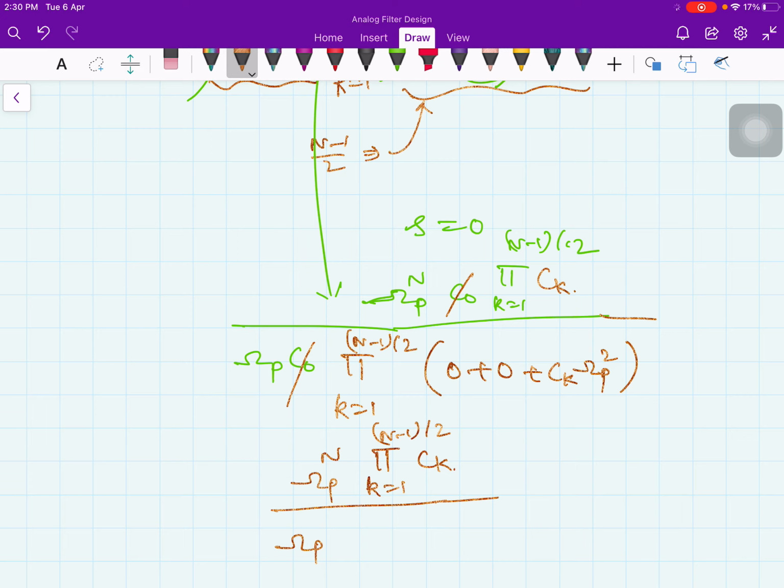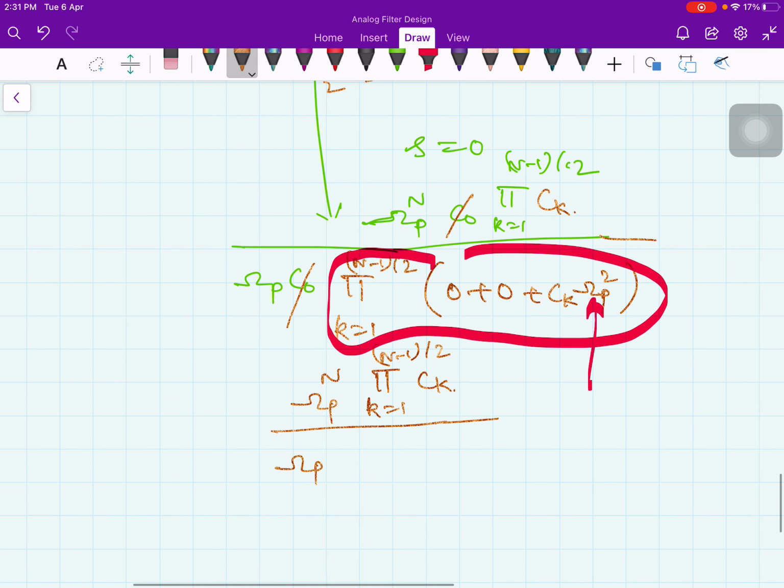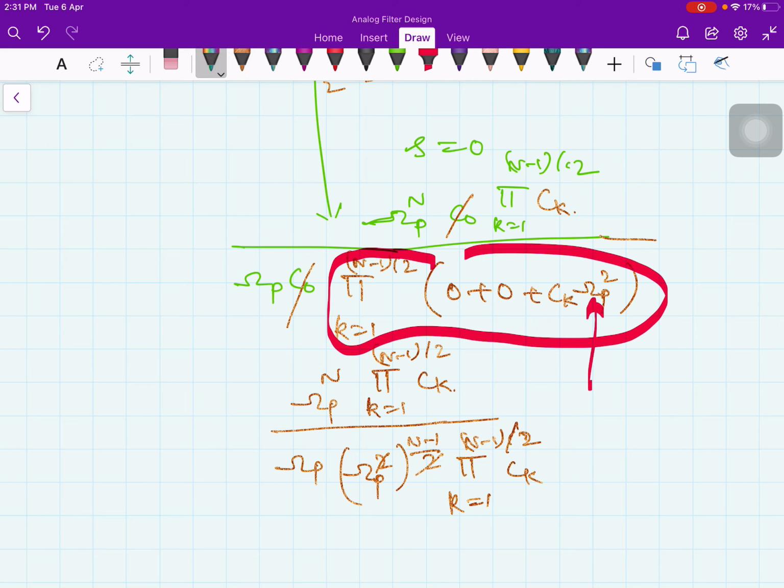Then in this continued product, in the denominator, this omega p squared is a constant. So I can take it outside, omega p squared to the power (n minus 1)/2, and the continued product of ck for k equal to 1 to (n minus 1)/2, and this 2 and that 2 will get cancelled.